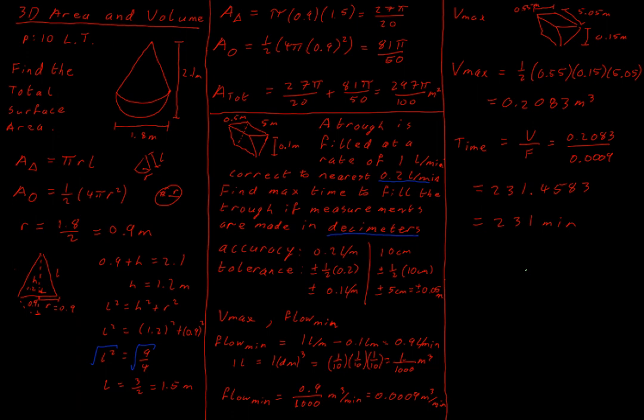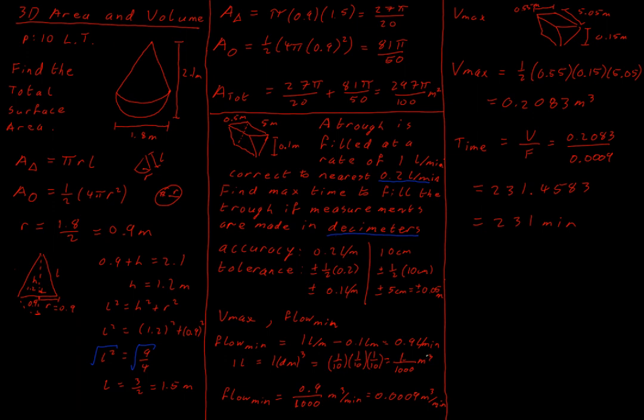So what steps did we take here? We figured out what our tolerance was based on our accuracy, so plus or minus half of the units we're measuring in. Then we worked out by simply arguing it out for ourselves what would take the longest time: if our volume was max and our flow rate was min, or as slow as possible.